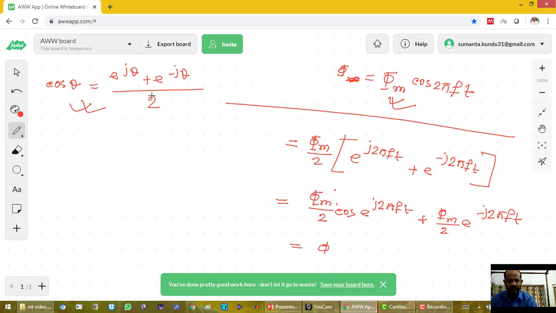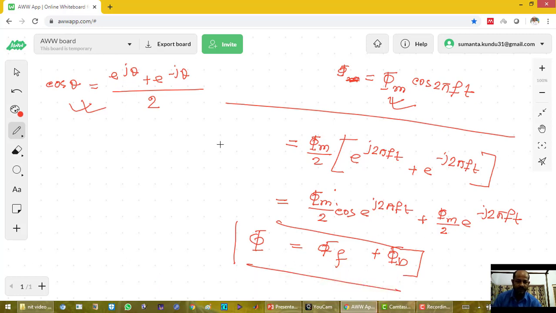So one we can take as phi f and one is phi b. So ultimately we get phi equals phi f plus phi b, right? So now in this expression, one is positive theta, one is negative theta.